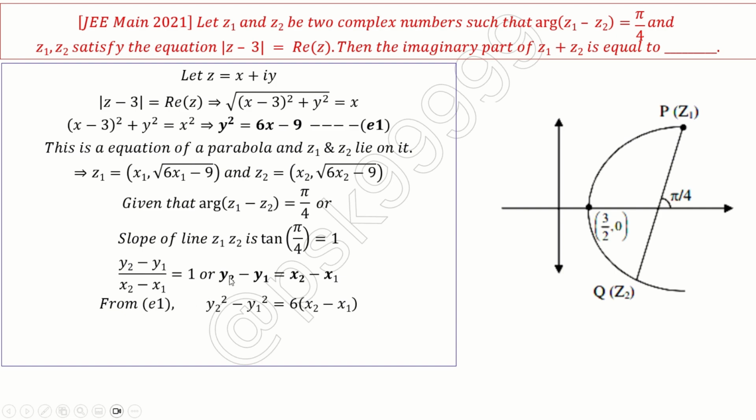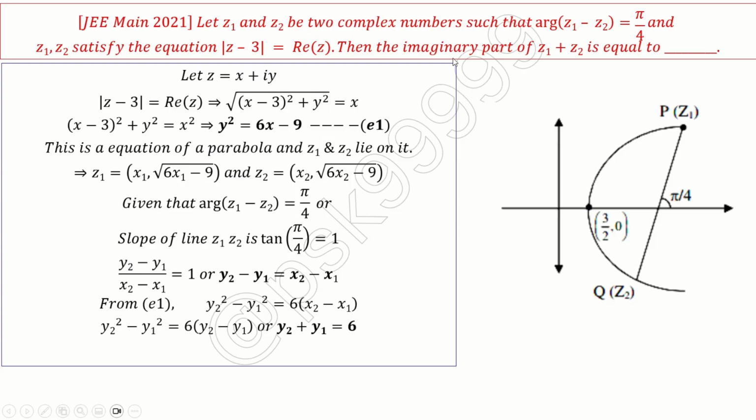Now I know y2 minus y1 equal to x2 minus x1. So if I substitute x2 minus x1 with y2 minus y1, what I will get is y2 square minus y1 square equal to 6 times y2 minus y1, or if I cancel y2 minus y1 on both sides, I'll get y2 plus y1 equal to 6.